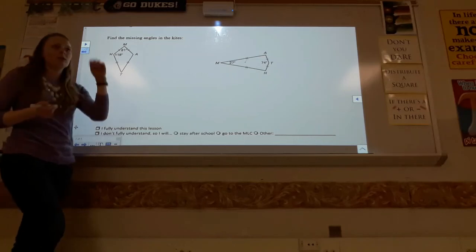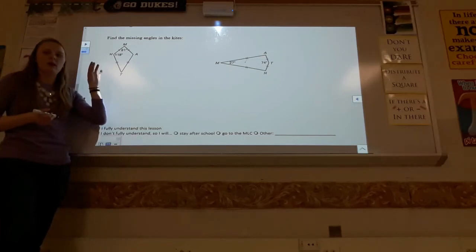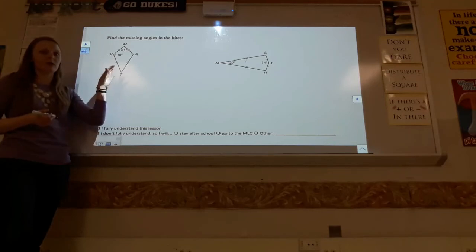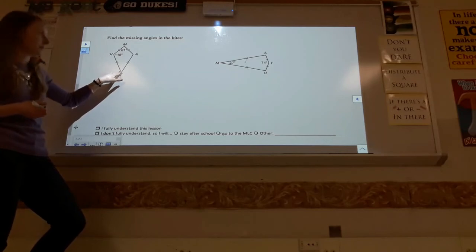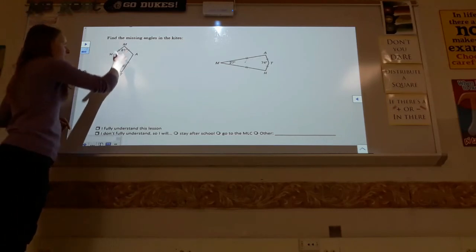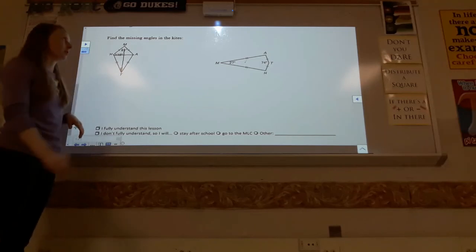So that color coding thing that I was showing you, we're using that, but I'm not going to put the colors in. So you have to kind of imagine the diagonals, and if you want to draw them, feel free. If you imagine the diagonals in the kite, we're going to be using that thinking to help us.